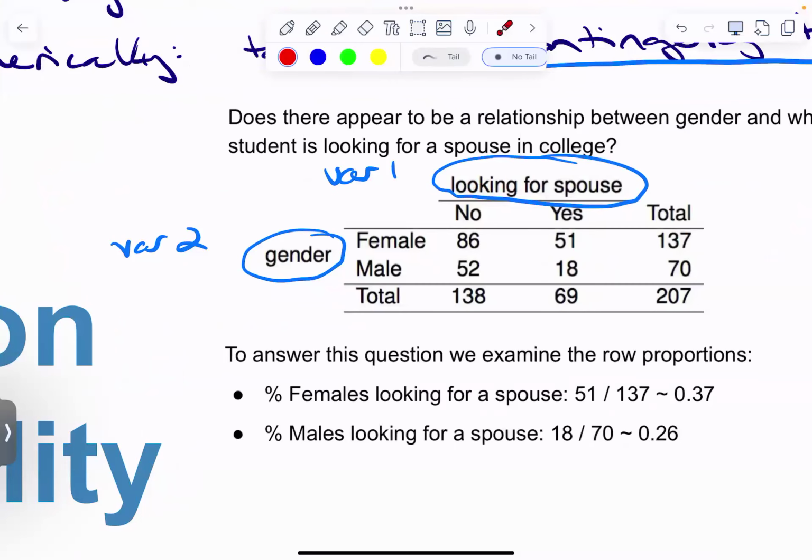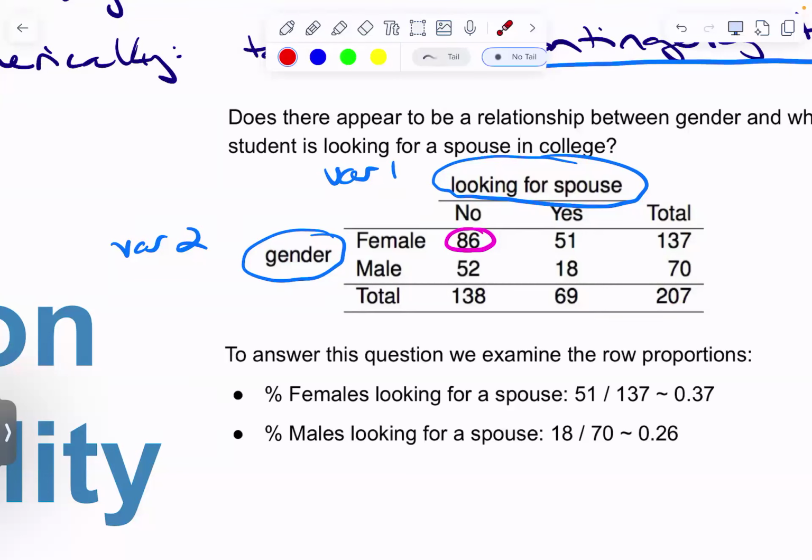And so here, this 86 represents what? The number out of 207 females who were not looking for a spouse while they went to university. So 86 out of 207.